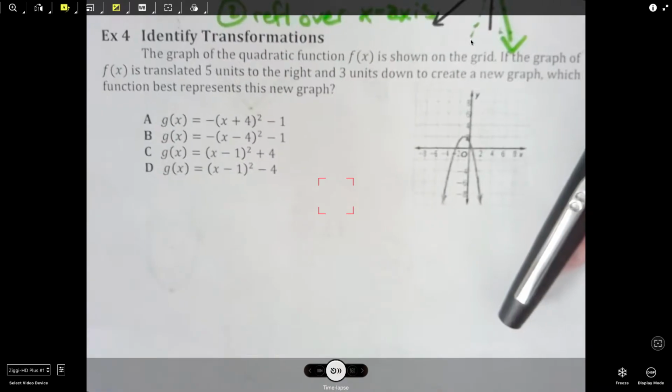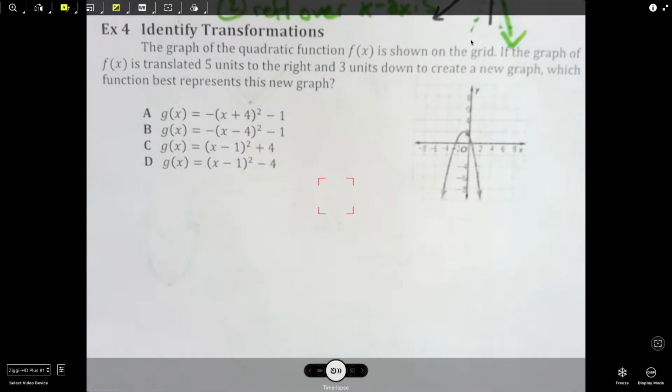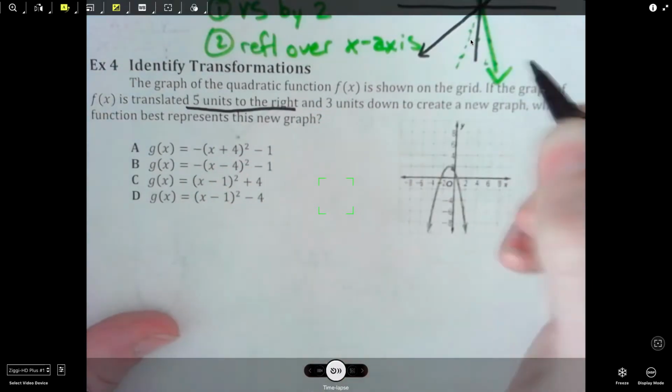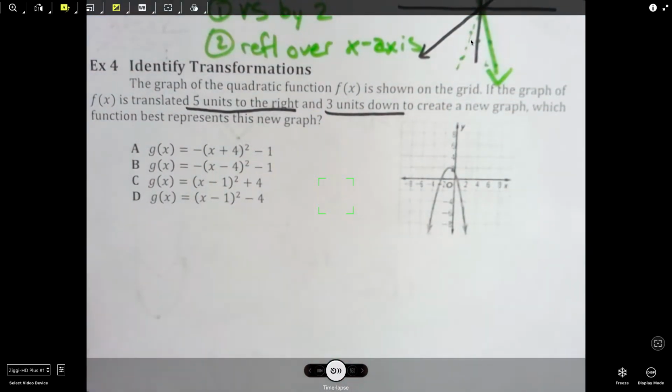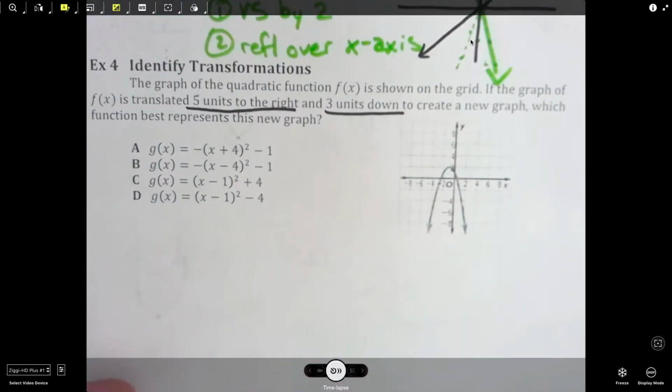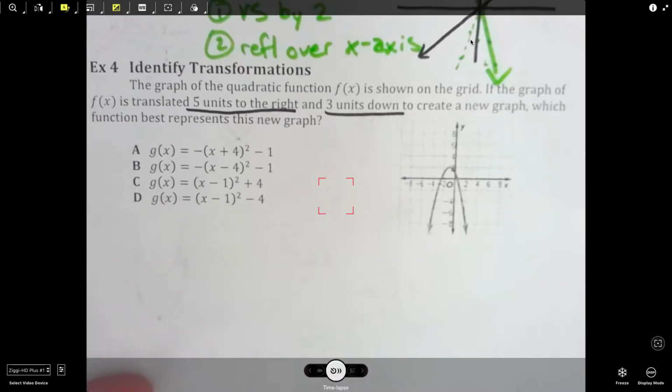Okay, and the last one. Example 4, the graph of the quadratic function f of x is shown in the grid. If the graph of f of x is translated 5 units to the right and 3 units down to create a new graph, which function would best represent this new graph? Okay, 5 units to the right and 3 units down, and this is not right here, because there's no 5s and 3s there.